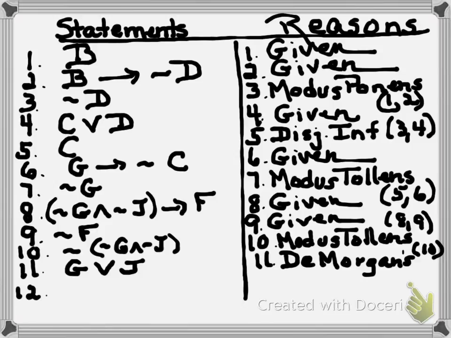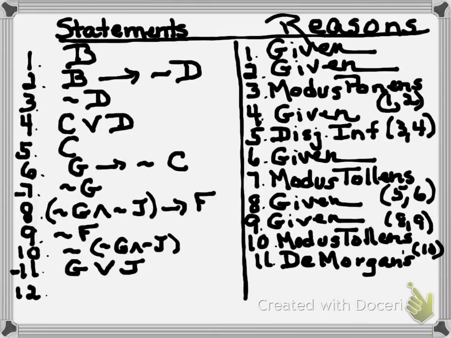Now, I'm going to take 7, and I'm going to take 11 and put those two together, 7 and 11. So 11 is G or J. 7 is not G. This is a disjunction. It cannot be modus tollens or modus ponens. So let's walk through the solution. Not G is true. That makes G false.